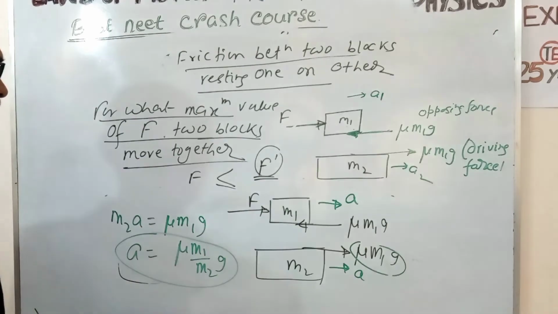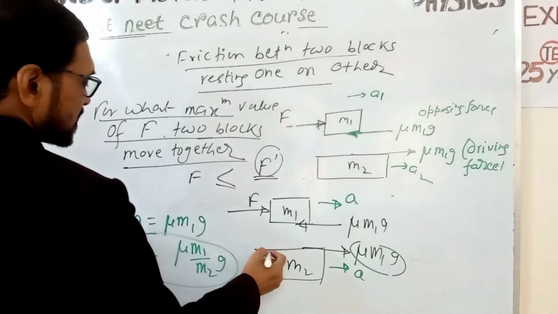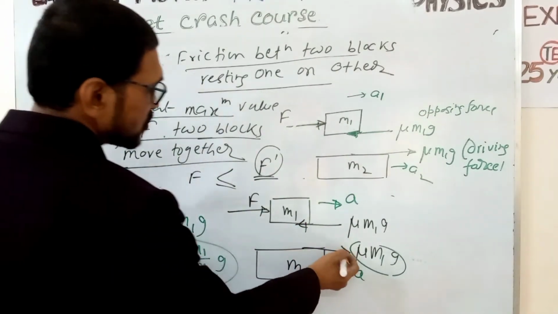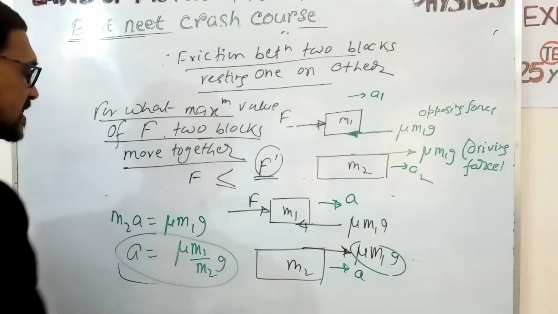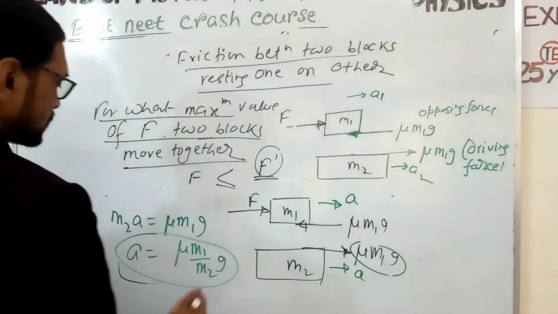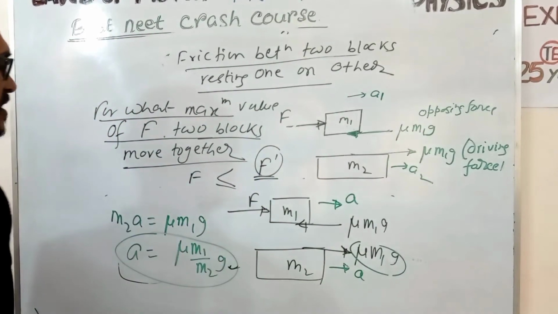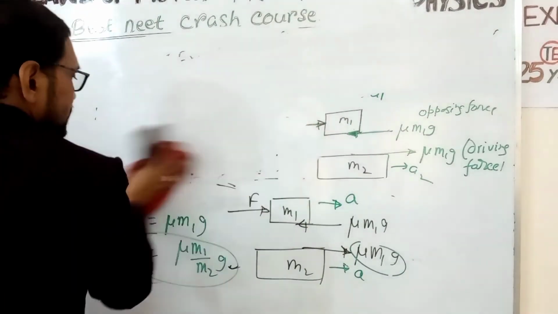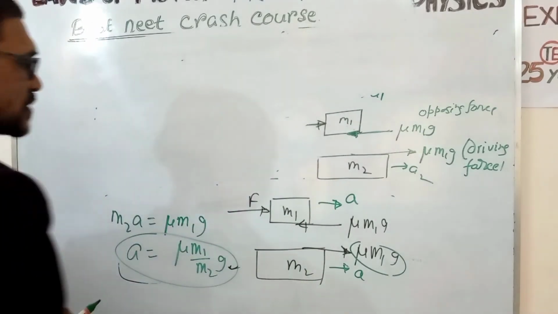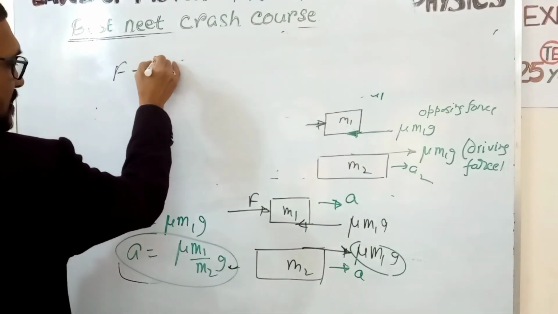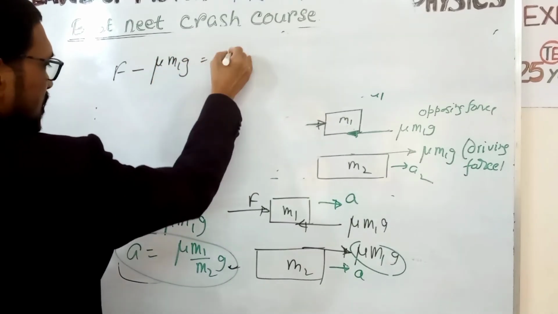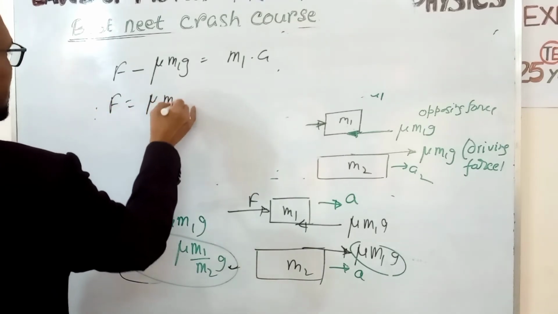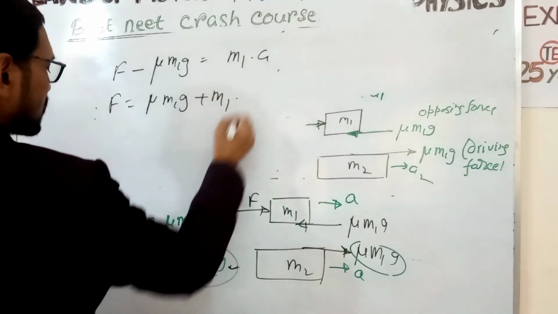So the step is, first consider the block at which no external force acts, because here only the driving force acts, so from this we get the acceleration. Now if you consider the motion of this body, F minus mu m1g equals m1 into a. So F equals mu m1g plus m1 into a.